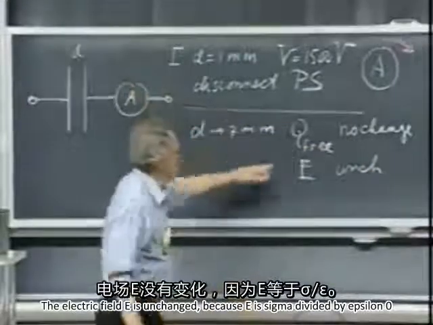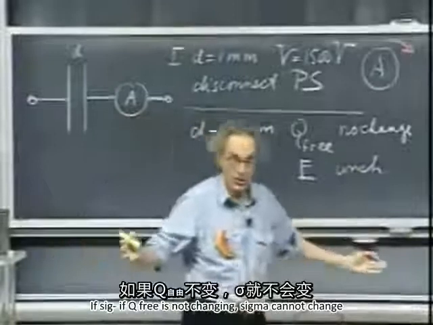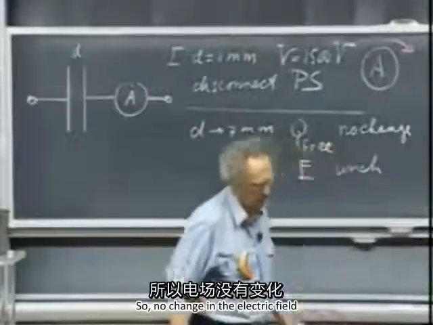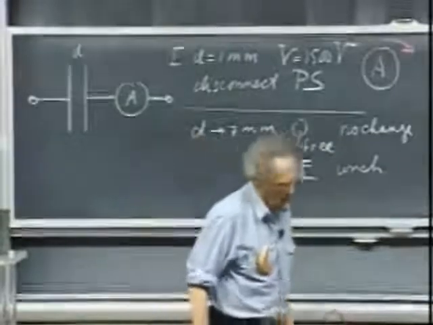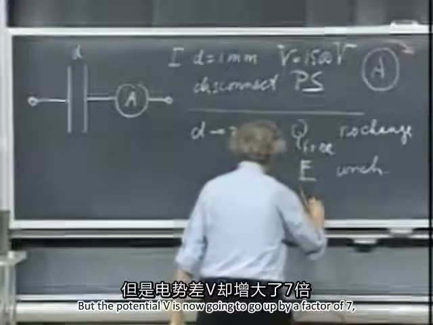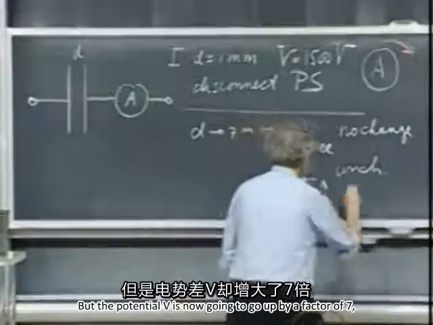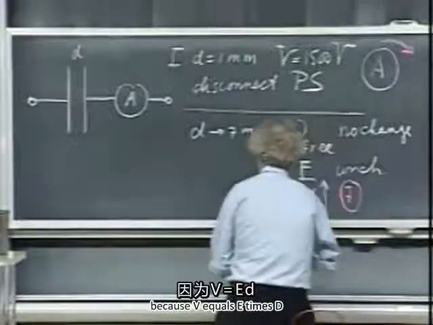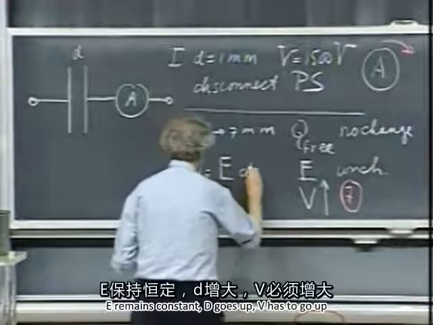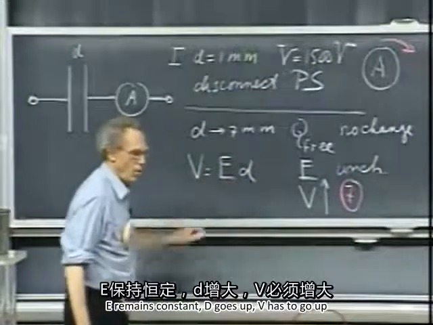because E is sigma divided by epsilon 0. If Q3 is not changing, sigma cannot change. So, no change in the electric field. But the potential V is now going to go up by a factor of 7. Because V equals E times D. E remains constant, D goes up, V has to go up.